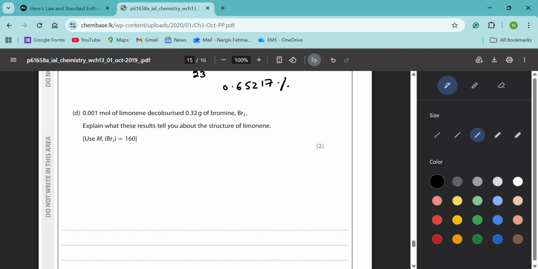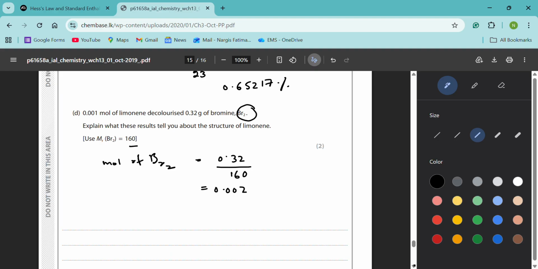So first you need to find the moles of bromine. You have the mass of bromine and you have the Mr of bromine, which is given here as 160. So the number of moles is 0.002 moles.